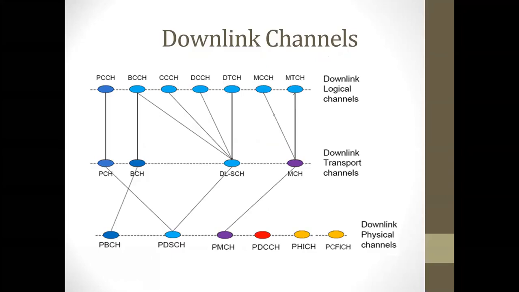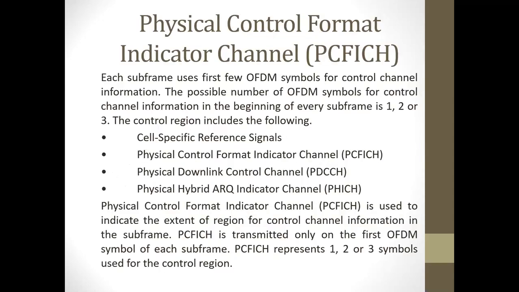But before you read PDCCH, you need to know how wide your control region is, whether it is one symbol wide, two symbols wide, or three. The PCFICH has the only purpose of telling how wide the control region is, 1, 2, or 3 symbols wide. So you see just one piece of information: PCFICH represents whether the control region is taking up 1, 2, or 3 symbols.